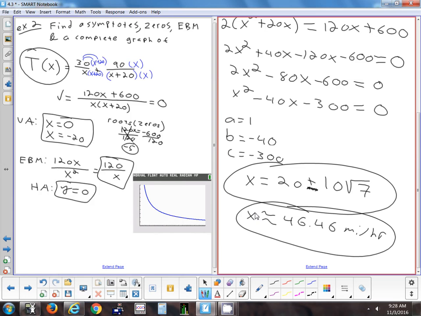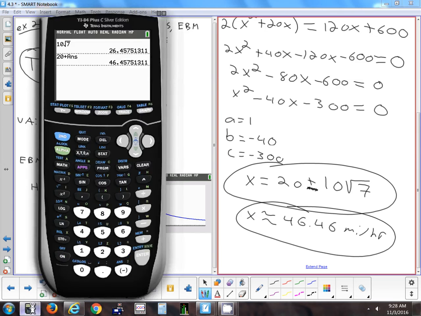Now, how could I do it even faster with my graph? I have to add something to this picture first. Not an asymptote. I need to add a line somewhere. Where would I add a line? Because remember, this is a graph of the time it takes.